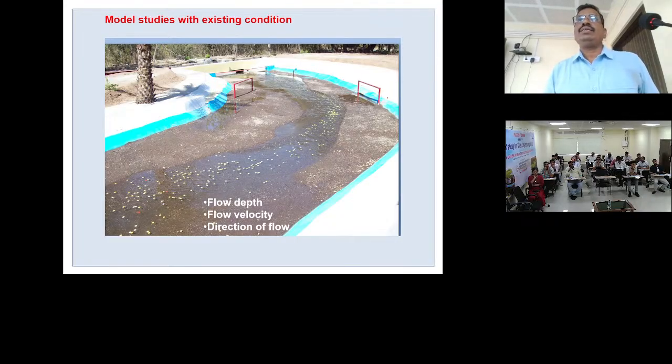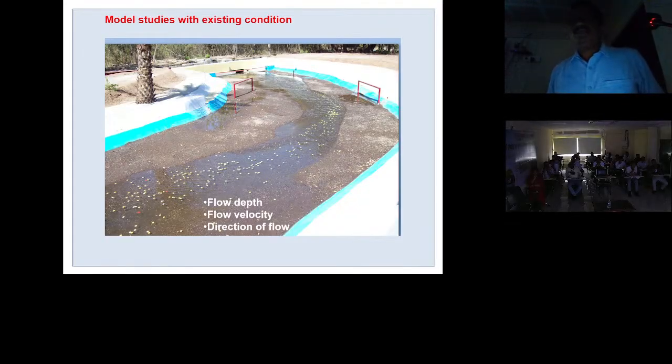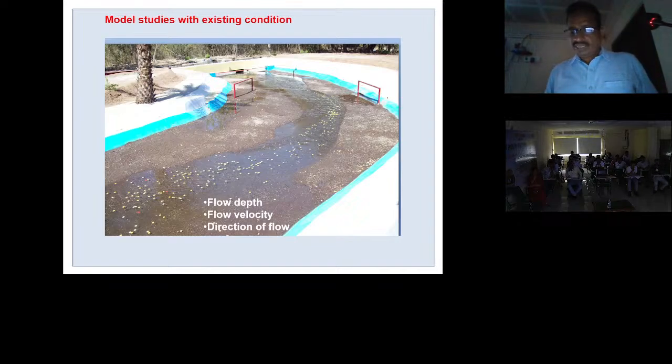Again we have studied all the hydraulic parameters, and we check the difference in water levels and velocities, how much the water level and how much the velocity has increased. According to that, we have suggested protection works and river training works for the project authority to implement on the prototype.